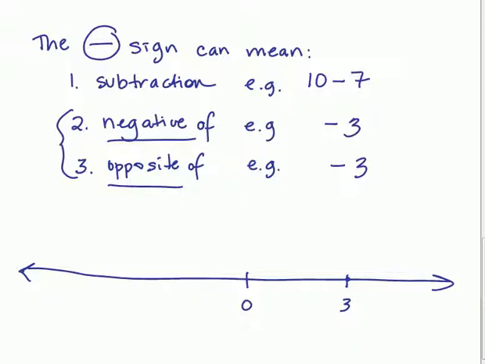Yeah, we would find that down here. So that's a -3, and it also means the opposite of 3. So when you put that negative in front of a number, it flips things on the number line around 0. So the opposite of a +3 is a -3.